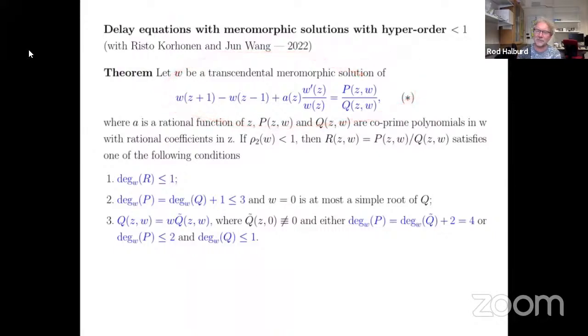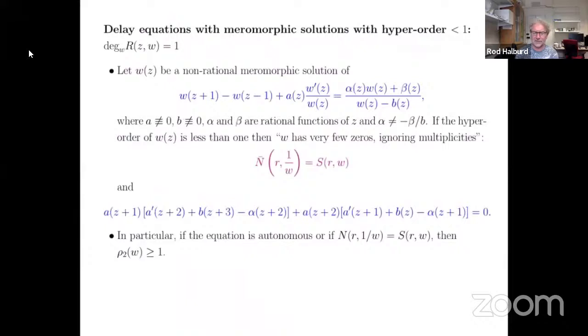We had a number of different kind of tedious technical issues to overcome the first time around that weren't there in these other situations. So we can deal with the case where we have a 0 at the bottom, and we have some general degree bounds.